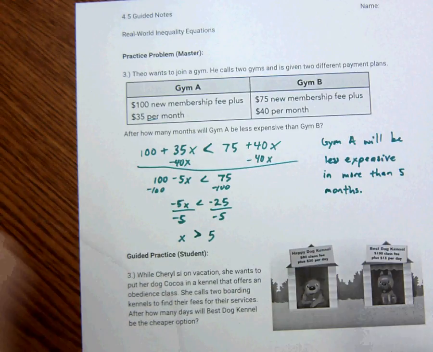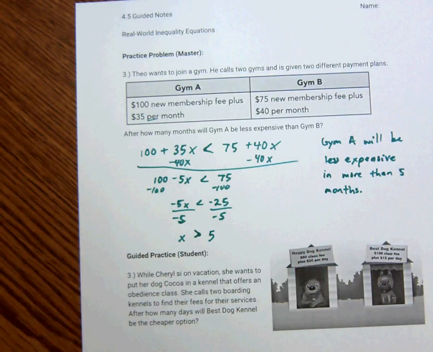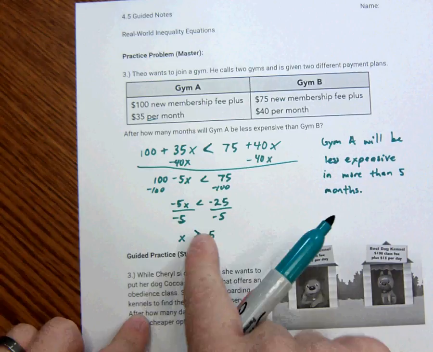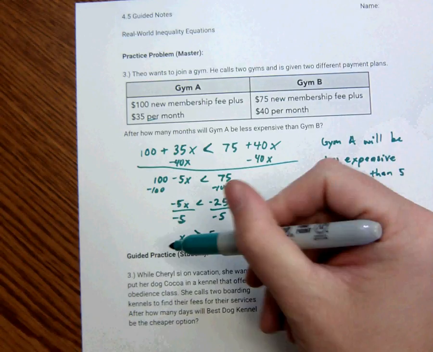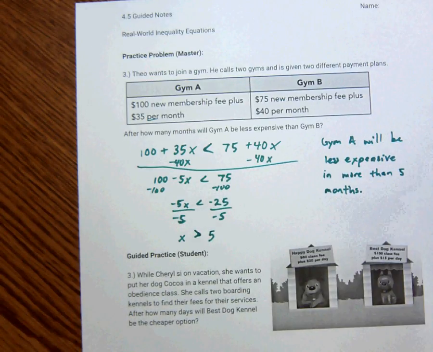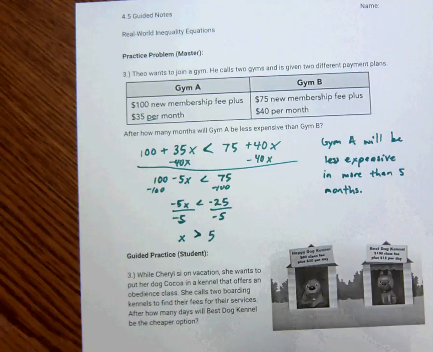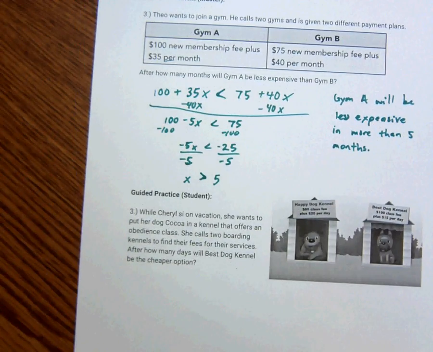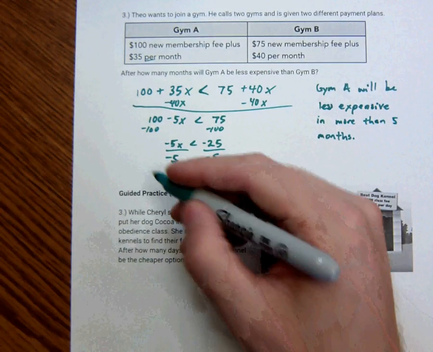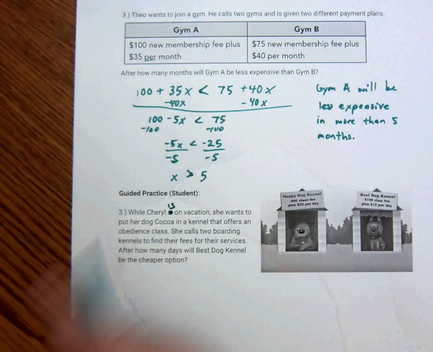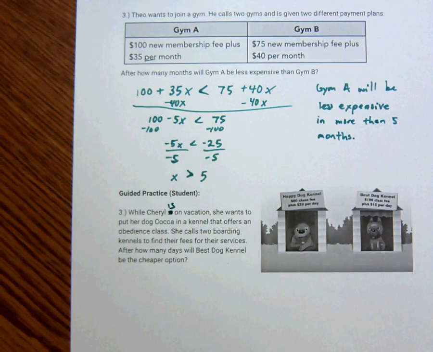But in more than 5 months, just basically what does this say? X is more than 5. So X represented months, the months has to be more than 5. So 6 or higher. 6 months, yeah, Gym A is cheaper. 18 months, yeah, Gym A is very much cheaper. So and so forth. So that says C. That says is. No, is not yes.